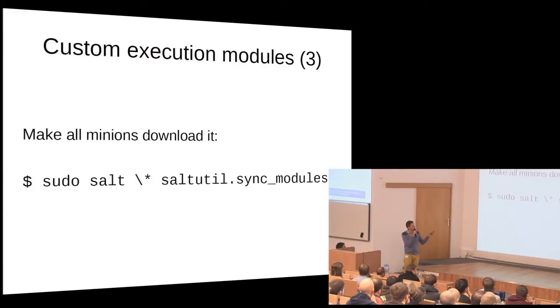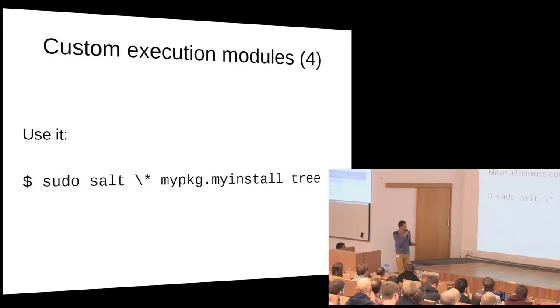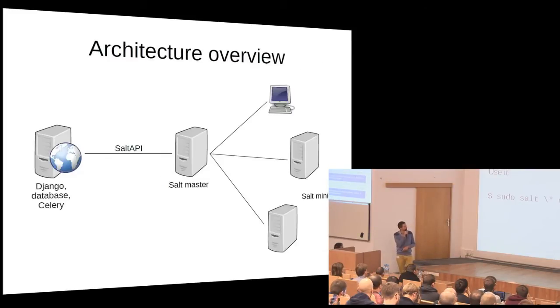And for that you use the saltutil execution module and the sync_modules function, just like any other execution module. And after that you should be able to use it just like any other standard execution module. So again, salt, the minions you're interested in, mypkg.myinstall, and it works.